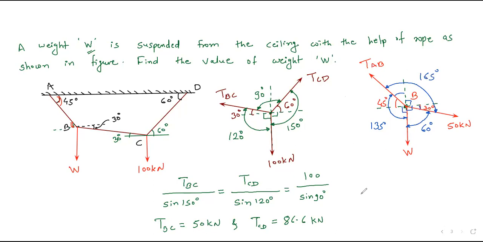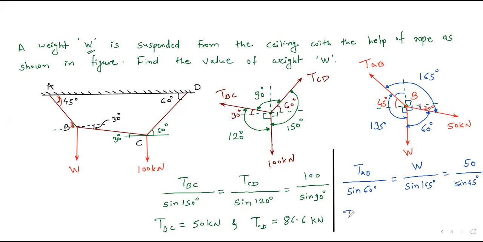Now use Lami's theorem for this again. If I use Lami's theorem over here, then it will be TAB upon sine of 60 degree, which is equal to W upon sine of 165 degree, which is equal to 50 upon sine of 45 degree.